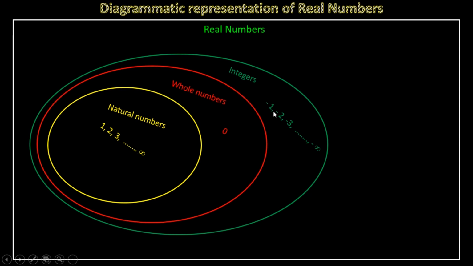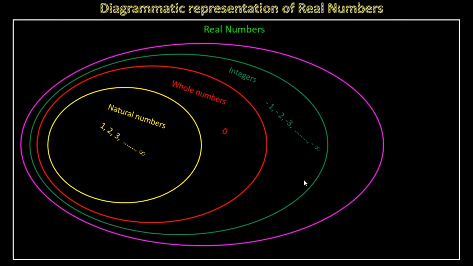So I have written here negative integers only. Zero is also inside the integers, and the positive numbers are also inside the integers, so I don't have to write them again. In this way I am drawing this diagram.